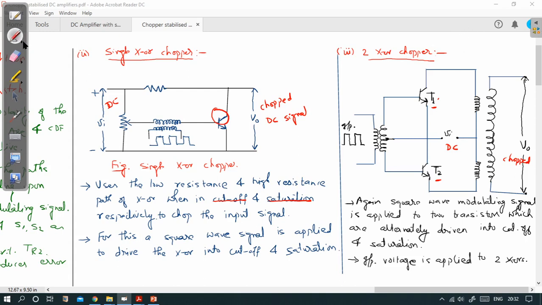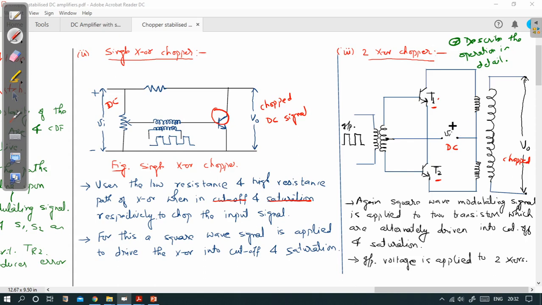So try to describe the operation of this two transistor chopper circuit in detail in your own language.